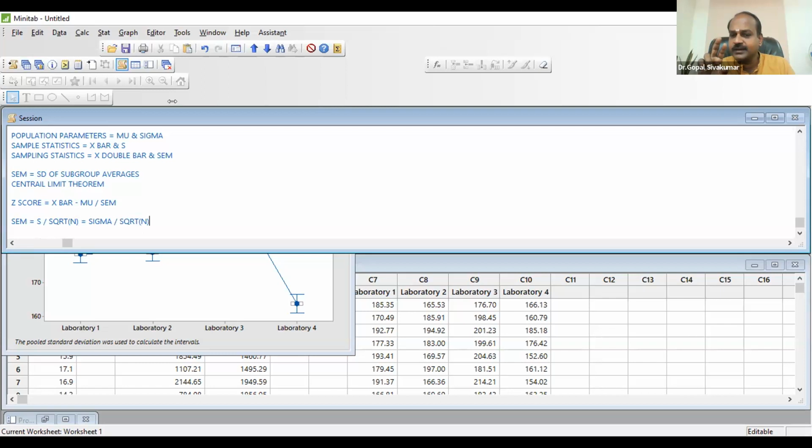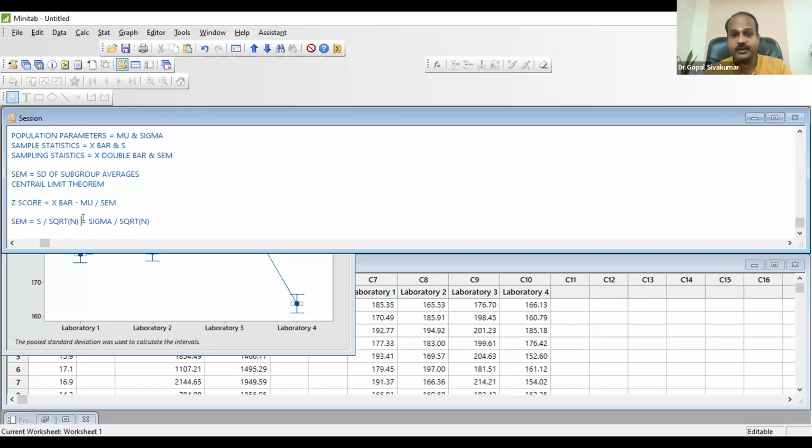Do you understand three routes for knowing the standard error of mean? First route, the perfect route. You yourself collect data, a good number of subgroup averages, and calculate a standard deviation out of it. That is known as standard error of mean. All of you are with me so far? Second method, use the sample standard deviation and divide it by square root of n.